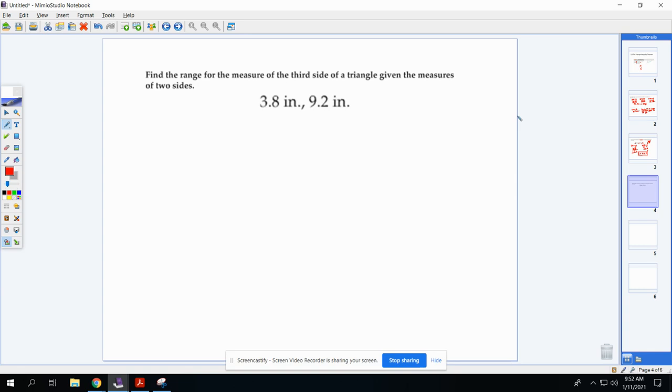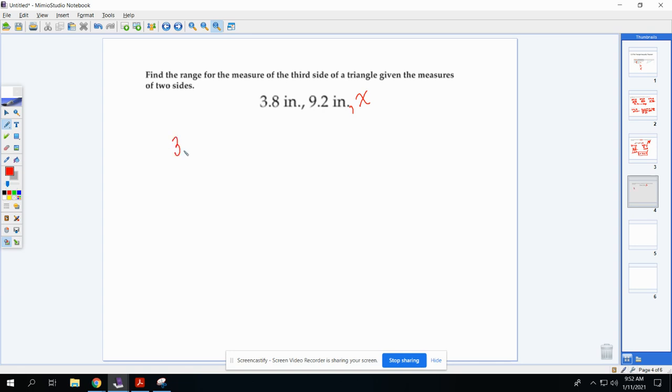Last question here, we're doing one just like the previous one. So again, we're going to find the range for the measure of the third side of a triangle, given the measure here of two sides. So we're going to have 3.8, we're going to have 9.2, and if we don't know what that third side is, we will call it x. And remember, we're going to come up with two inequalities, one where x is on the right, and then one where the biggest number is on the right.